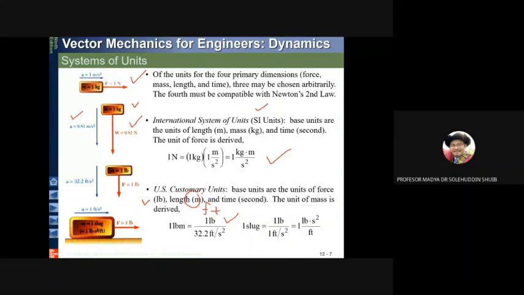We convert mass to be slug, equal to 1 slug. 1 slug is equal to 1 pound second square over foot. Now look at the gravity. We relate with gravity. We have 1 pound force, and then mass is 1 pound, and then the gravity here is 32.2 feet per second squared. This is about the unit.